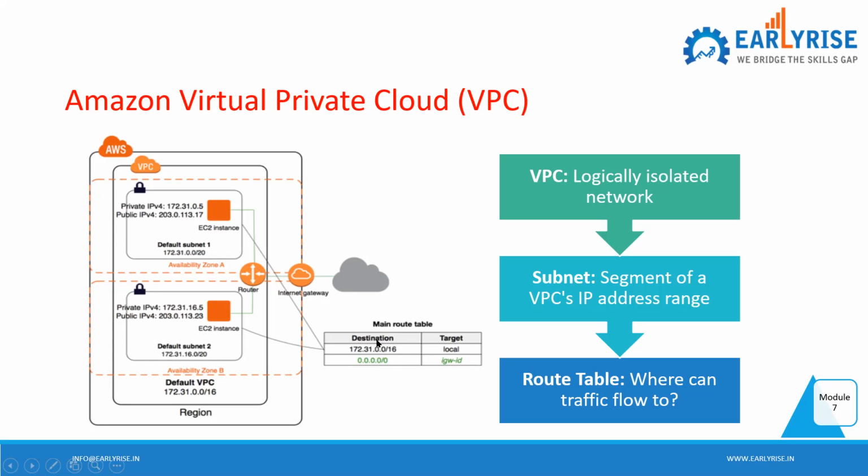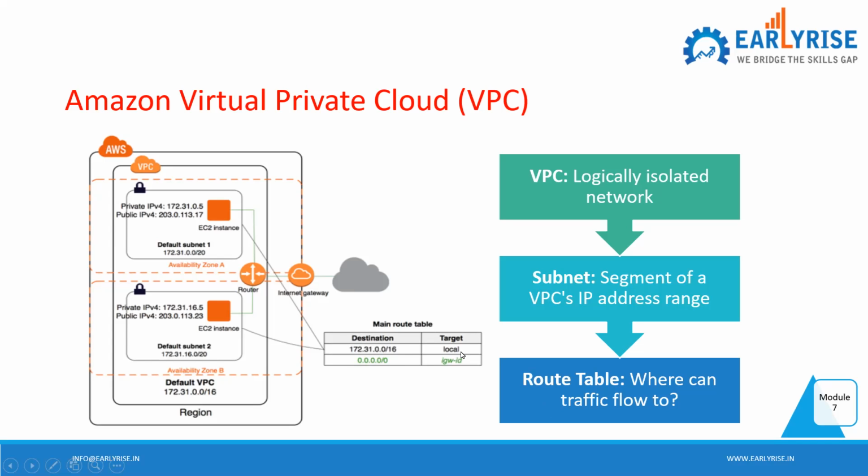Destination means the reaching point, correct. So the range of IP addresses where you want your traffic to go, that is your destination.